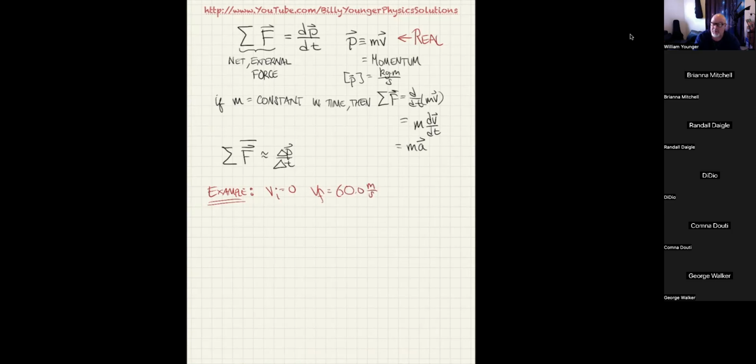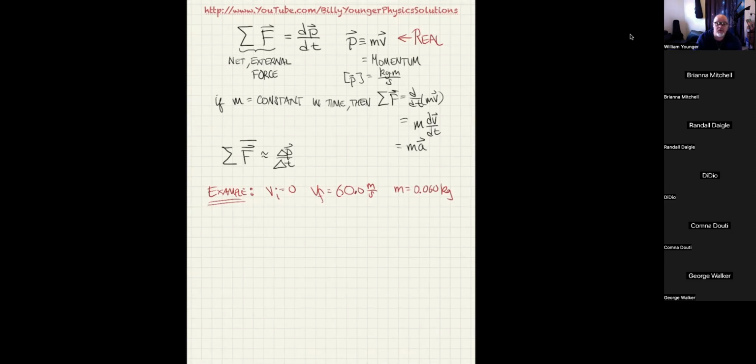That'll give us a little bit more of a buffer and put it closer to reality. 55 meters per second is about 120 miles per hour, whereas 60 is a little bit better. So I'm going to do that. And I happen to know that the mass of a tennis ball is about 0.060 kilograms.